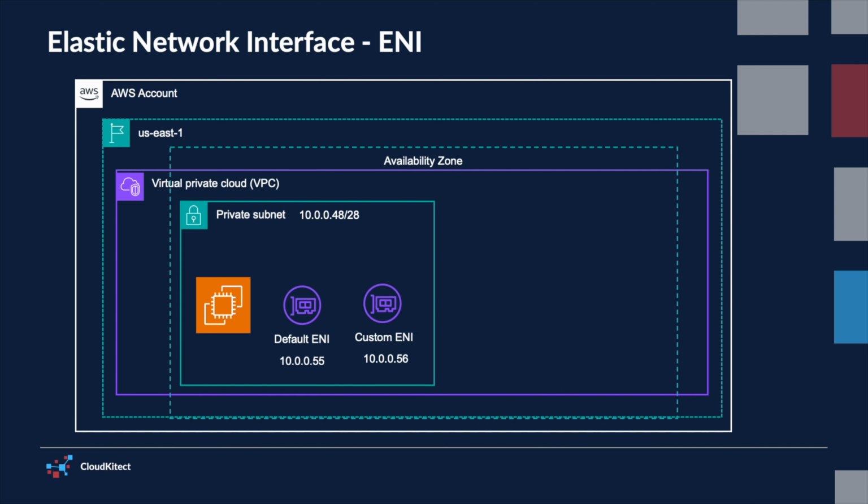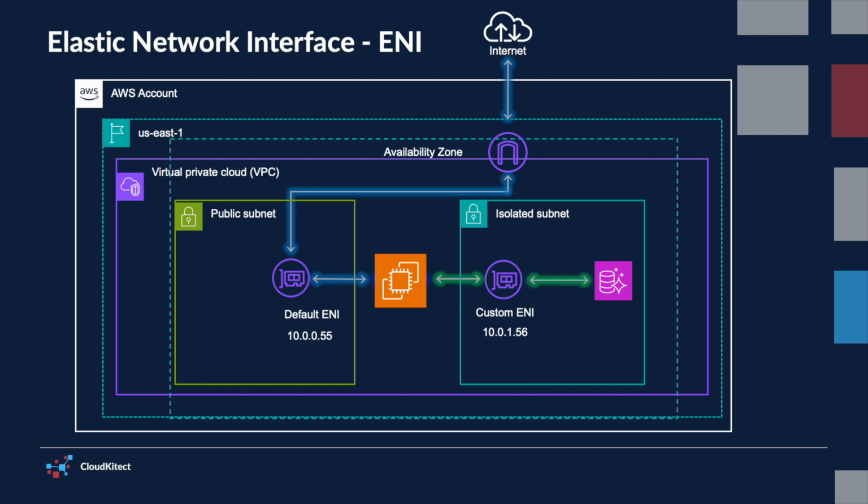We also have the flexibility to create custom ENIs and attach them to our EC2 instances, allowing us to have multiple ENIs associated with a single instance. Custom ENIs are network interfaces that you create and configure according to your specific requirements. Each EC2 instance can be associated with multiple ENIs. This means that you can attach one or more custom ENIs to an EC2 instance in addition to the default ENI.